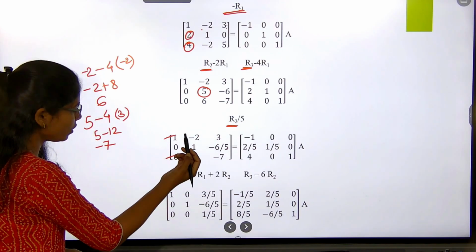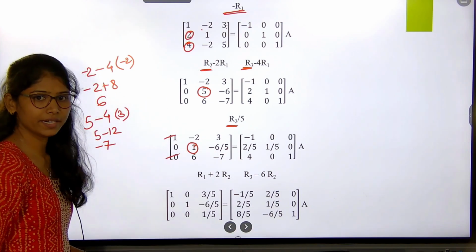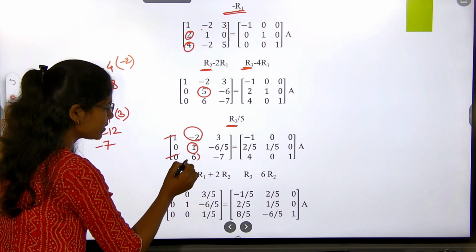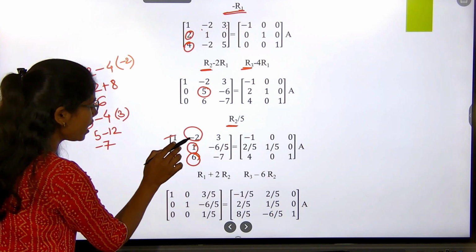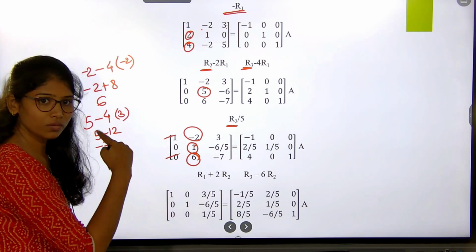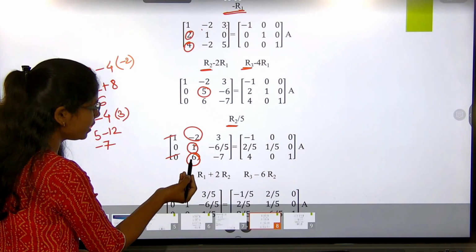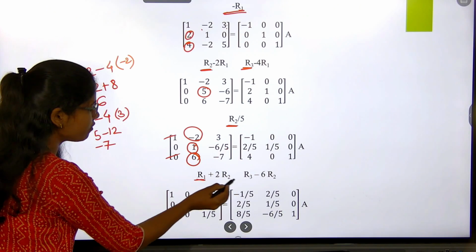Now look at here, we have 1 as the leading element A22. Now we have to make this minus 2 and 6 as 0. For that we use row operations. R1 here minus 2, so opposite of that, plus 2 into R2, and R3 minus 6 R2. So we are doing changes in R1 and R3.